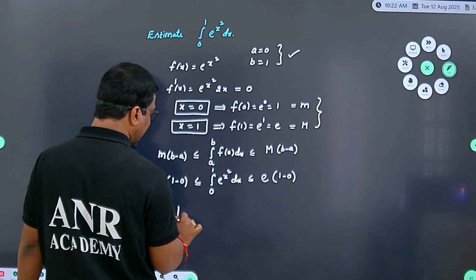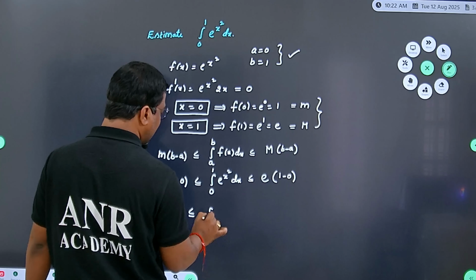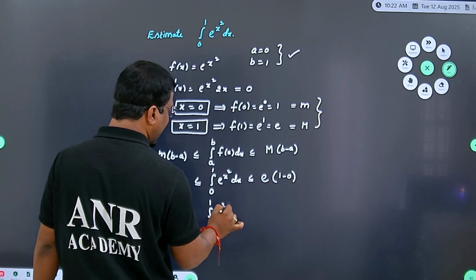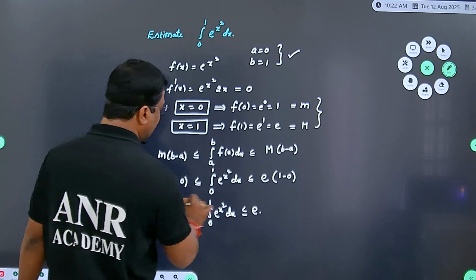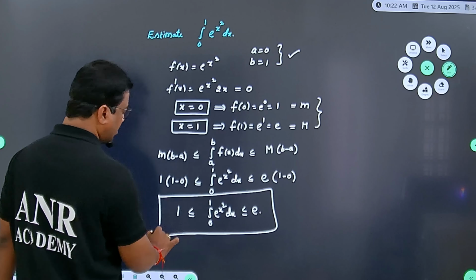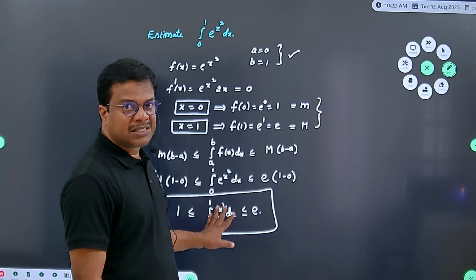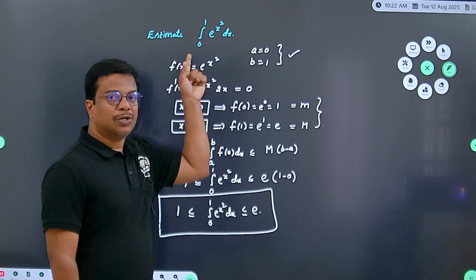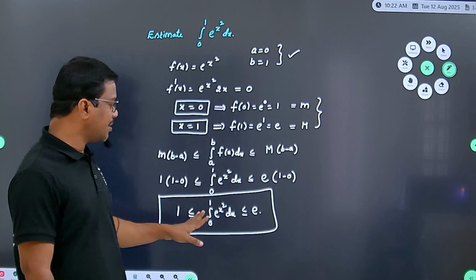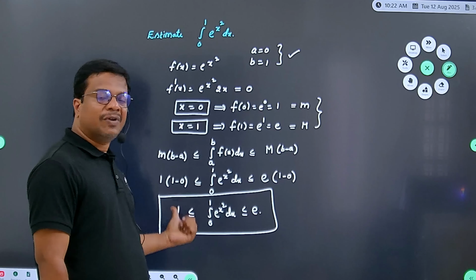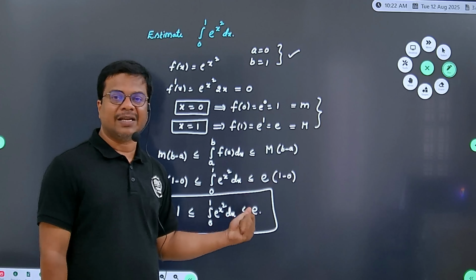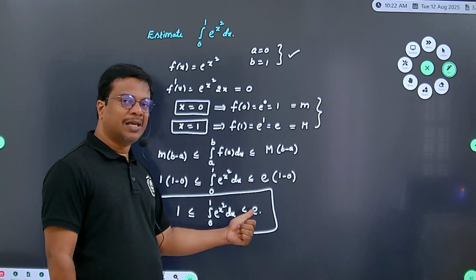On simplification we get 1 less than or equal to integral 0 to 1 e power x square dx less than or equal to e, and hence the estimation of integral 0 to 1 e power x square dx is that the value of this integral lies between 1 and 2.718, that is Euler number e.